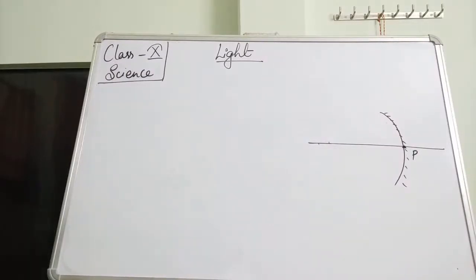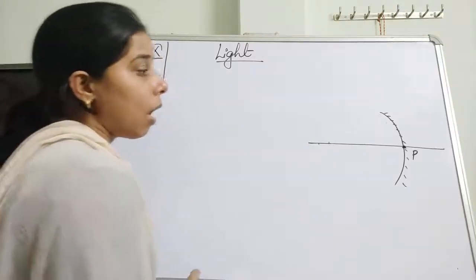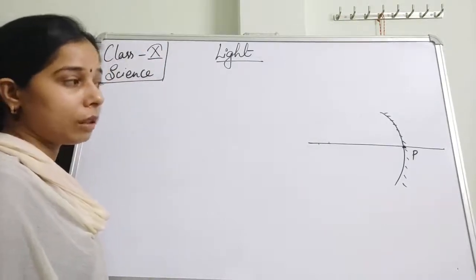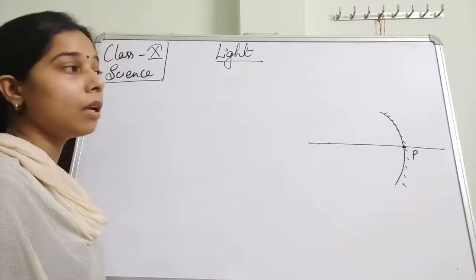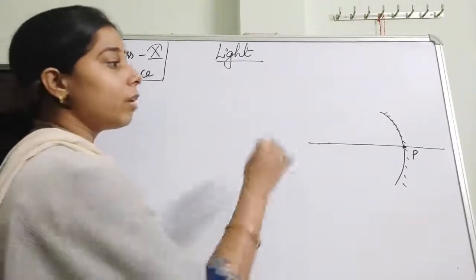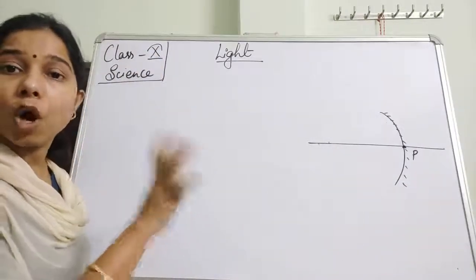The first thing we should understand here, students, is that all the distances are measured from the pole, and when you look at the concave mirror, or even the convex mirror, you will always find that since the object always moves towards the pole, it is always taken as positive.